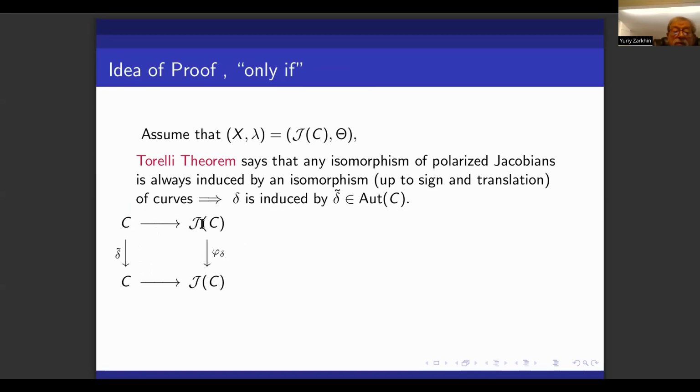So we have a commutative diagram. C goes to J of C. It's just the Albanese, the embedding we discussed before.